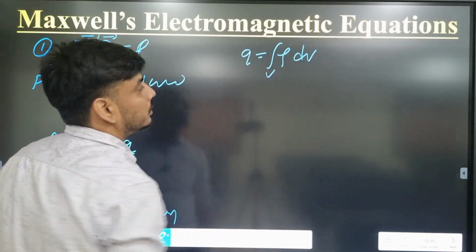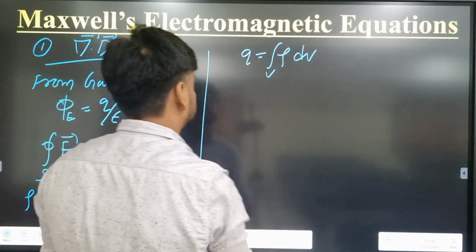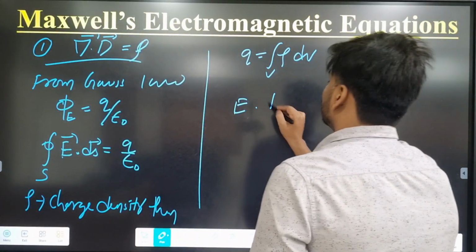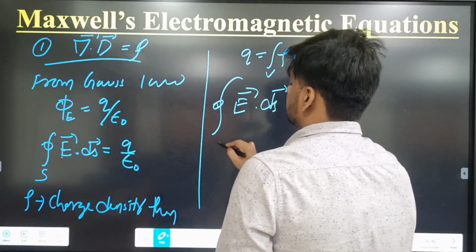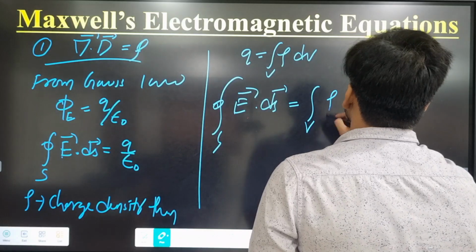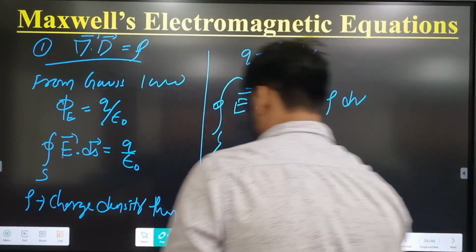Already we know the volume charge density. If we use that, then we have the integration over S of E dot dS equal to the integration over V of rho dV, with 1 by epsilon naught.